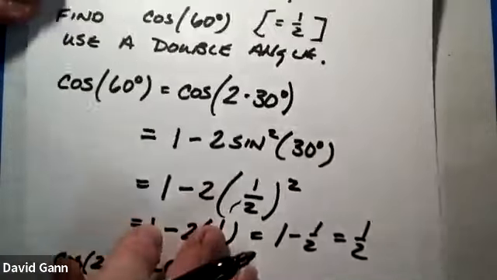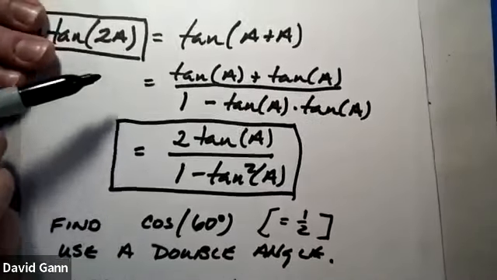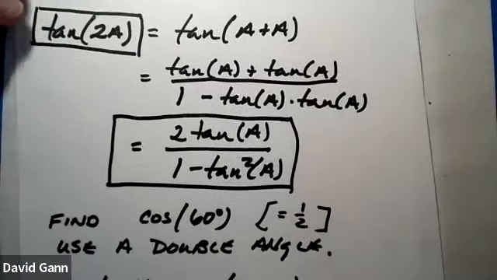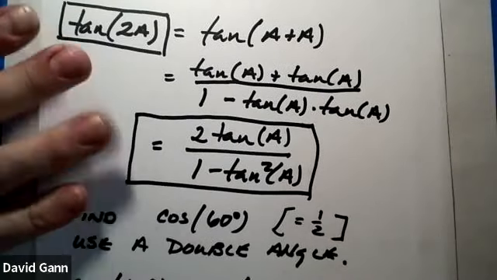Just realize that anytime you have a double angle, like for example tangent, you have to use this formula. And the same thing is true with sine and cosine. You'll want to memorize those, though not necessarily the tangent one.